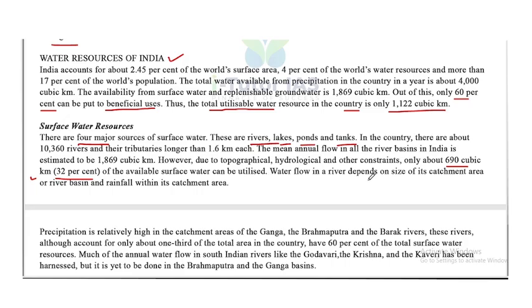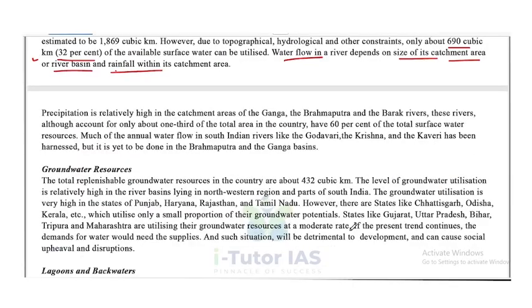Water flow in a river depends on the size of its catchment area or river basin and the rainfall within its catchment area. Precipitation is relatively high in the catchment areas of the Ganga, the Brahmaputra and the Barak rivers.